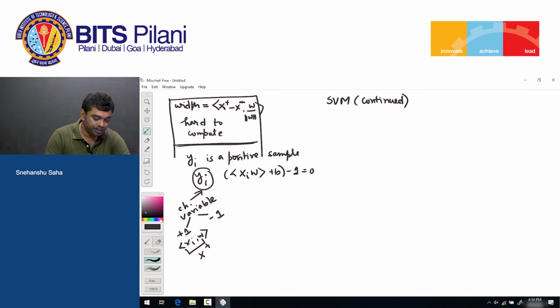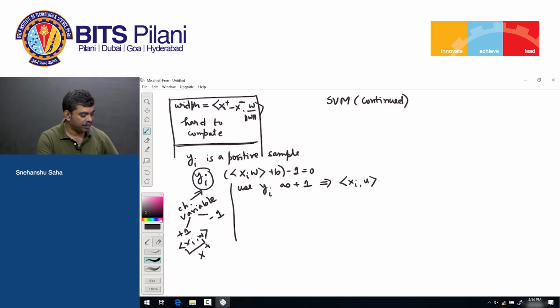So if I use yi as +1, because it's a positive sample, then what this means is you have xi·u, because this yi is just +1, plus b minus 1 equal to 0.